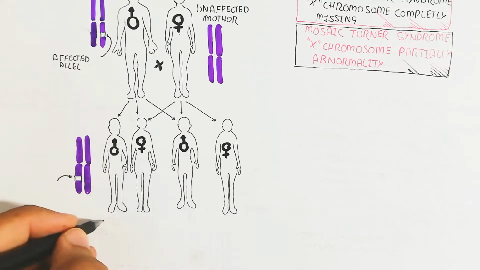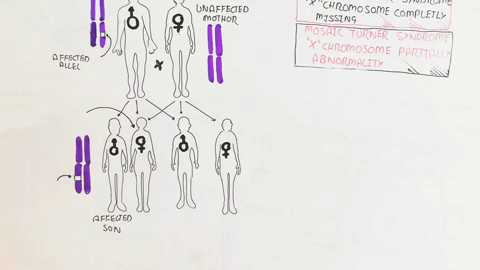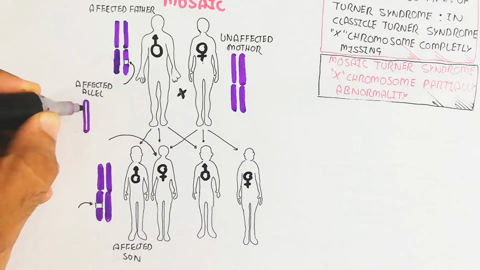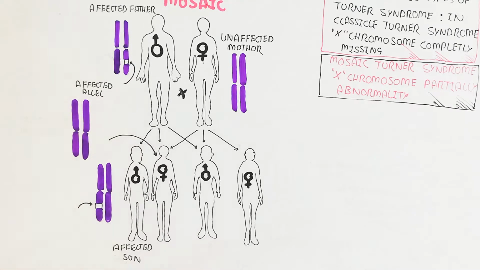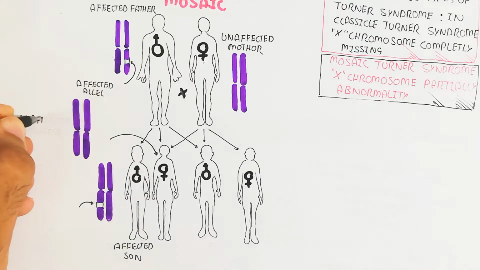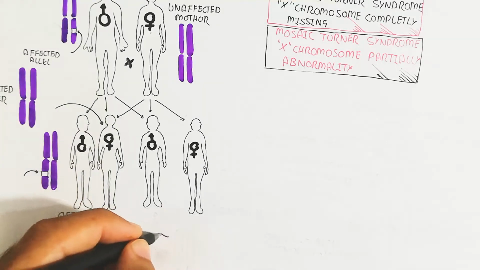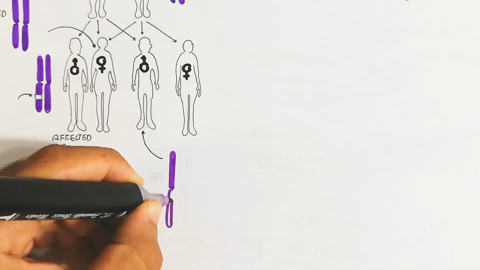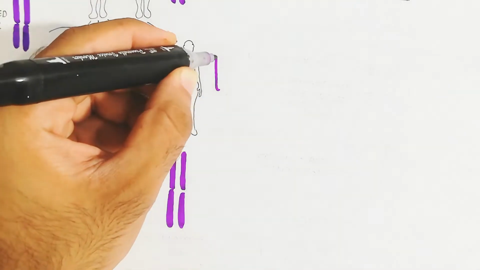On the other hand, the female offspring can be unaffected, because of the affected recessive gene. In this way the unaffected daughter will be produced, or the chance is that she is a carrier. On the other hand, an unaffected son can be produced.